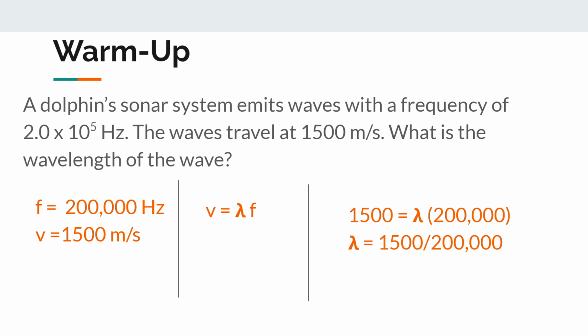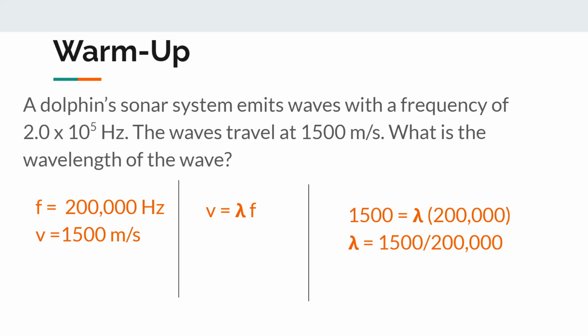Or if you group that whole denominator in parentheses, you'll be good. But if you type it in as 1,500 divided by 2 times 10 to the fifth, and you don't use parentheses and you don't have it listed as a fraction in that calculator, then it's only going to divide by 2, and then it's going to multiply by 10 to the fifth. Okay, so just make sure that you're careful if you leave it in scientific notation.